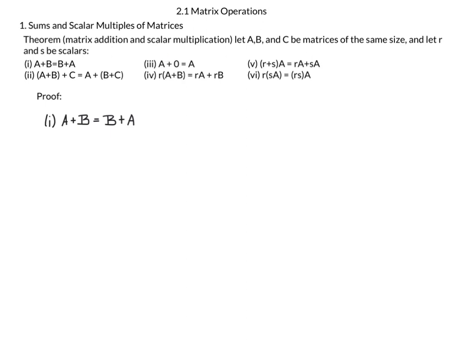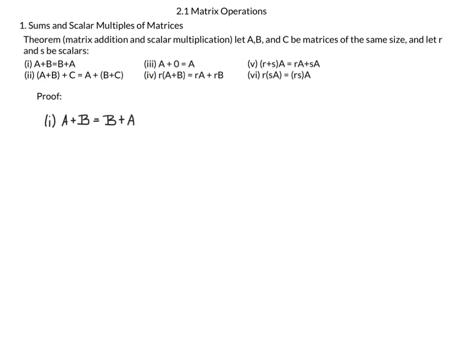A plus the 0 matrix is A. We have r times (A plus B) is equal to rA plus rB, so there's this distributive law of the scalar. And then we have (r plus s) times A is rA plus sA, again sort of a distributive law. And then we have r times sA is equal to rs times A, so we can group the scalars together first. And we'll just do a proof of A plus B equals B plus A.